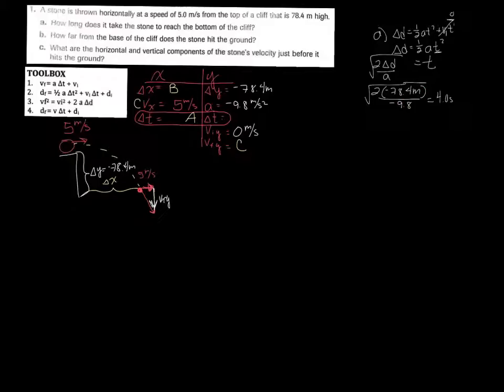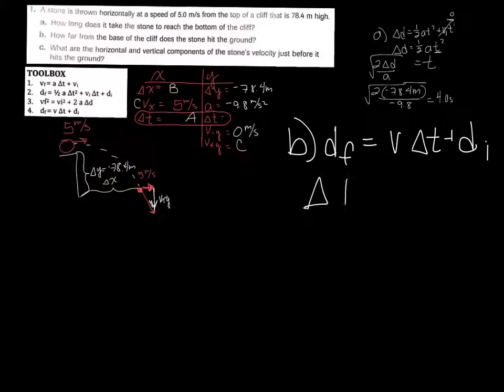So now we can calculate how far from the base of the cliff, or the range, the stone hits the ground. So on side B, we have constant velocity, which means we're going to be dealing with equation 4. So d final is equal to v times delta t plus d initial. So delta d is equal to velocity times change in time.